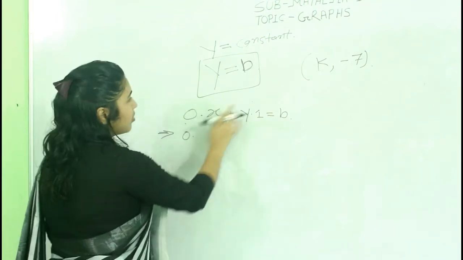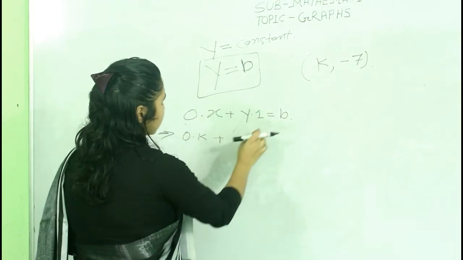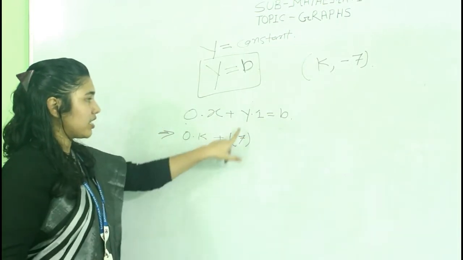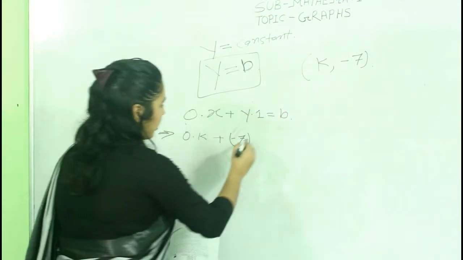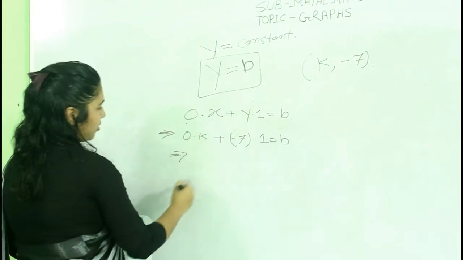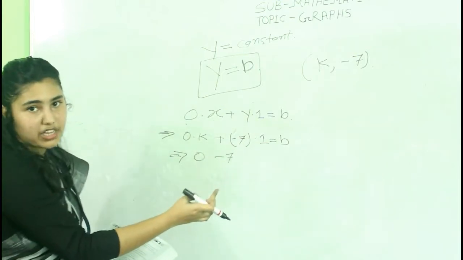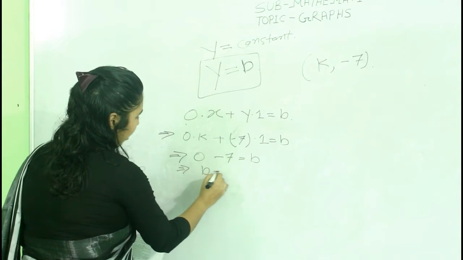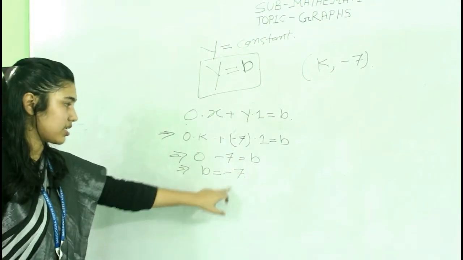Here 0 into k, which is the coordinate of the x axis, plus minus 7 in place of y, because minus 7 is the coordinate of the y axis, into 1 is equal to b. So 0 into k is 0, minus 7 into plus 1 is minus 7, equal to b. That means the value of b is minus 7.